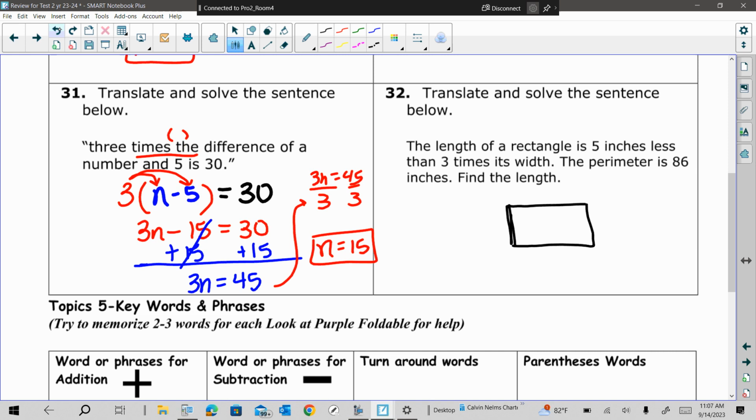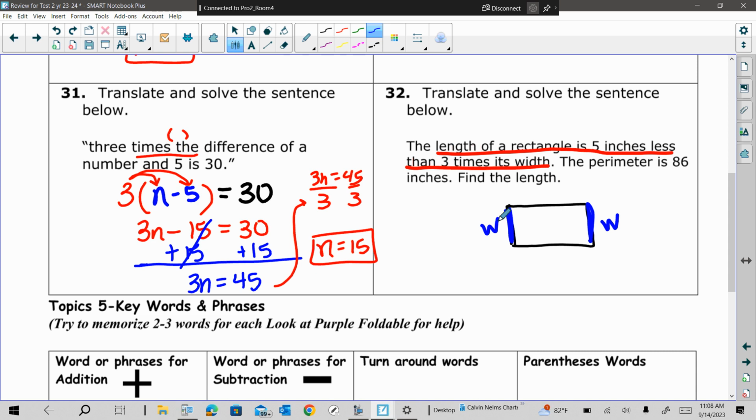All right. So I'm just going to talk about this first sentence here. It says the length of the rectangle is 5 inches less than 3 times its width. Okay. So this is my width sides, right? I don't know what that is. It's unknown. So for that width, we usually use just a W, the variable W, to show the width.